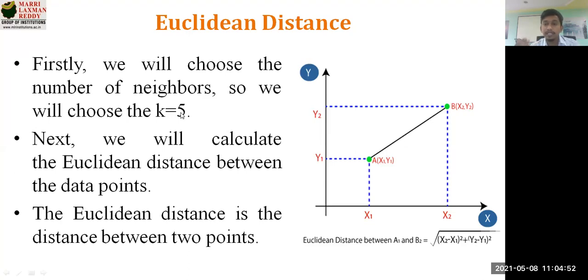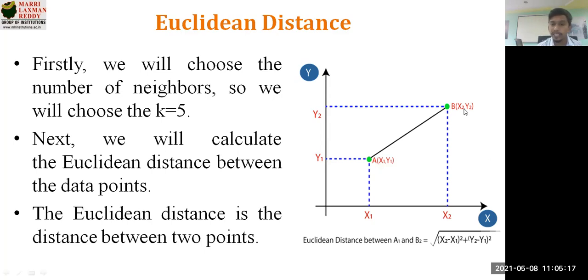The second step is to calculate the Euclidean distance. If you want to calculate it, first of all, you need to know what Euclidean distance is. Euclidean distance is nothing but the calculation of the distance between 2 points. The formula is given here: square root of (x2 minus x1) whole square plus (y2 minus y1) whole square.